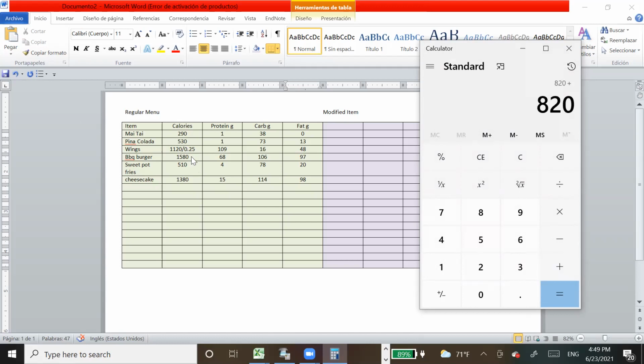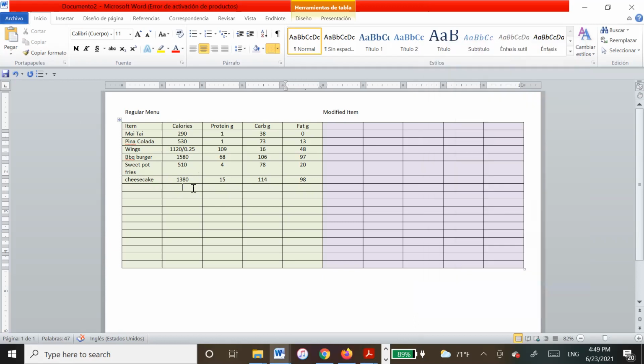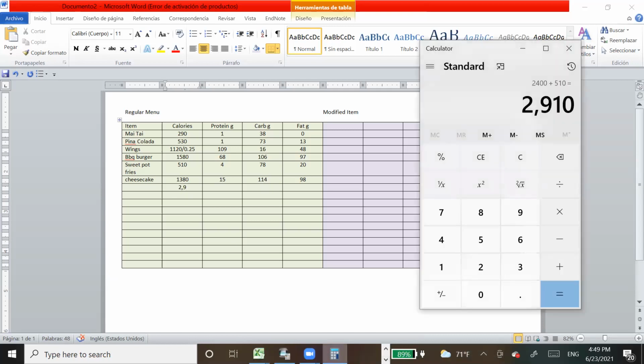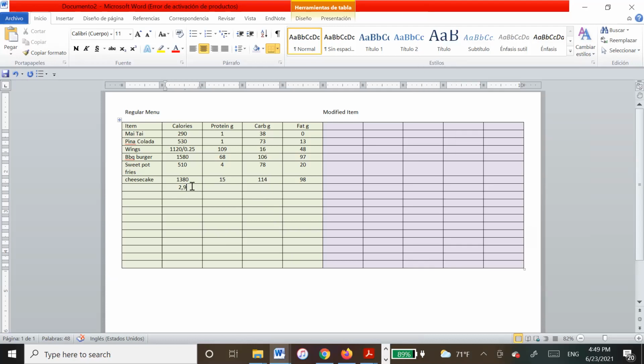And then I'm gonna add the 1,580 of my burger plus the 510 calories of my sweet potato fries. But let's say I didn't finish all of my cheesecake. Let's say I only ate half of my cheesecake. So far, let's see how much we've had. So far we've had 2,900 and the other ones were 10 calories so far.